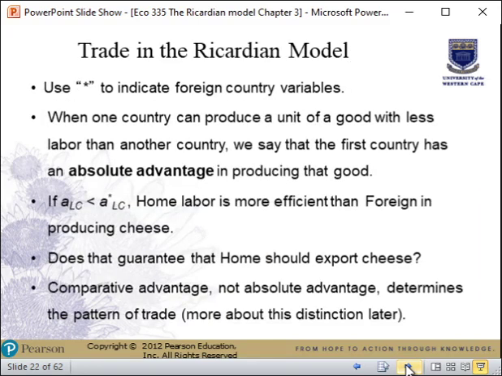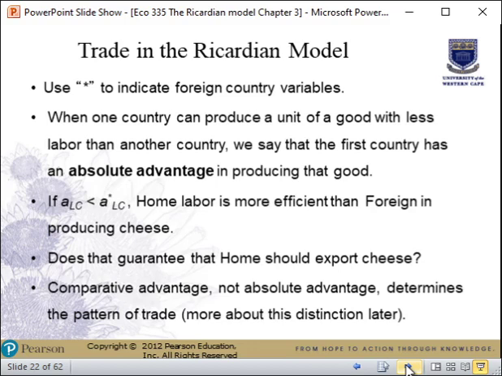With the understanding of the relationship between prices and production, we are now in a position to analyze the pattern and effects of trade between two countries based on the assumptions we made earlier. We have used the home country extensively in illustrating the relationship between prices and production. Now let us introduce its trading partner, which we will call foreign.